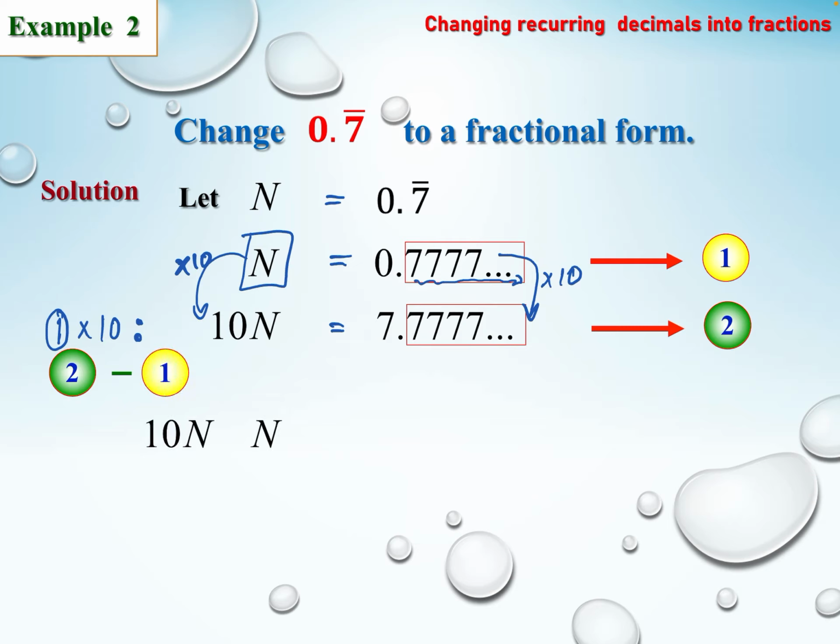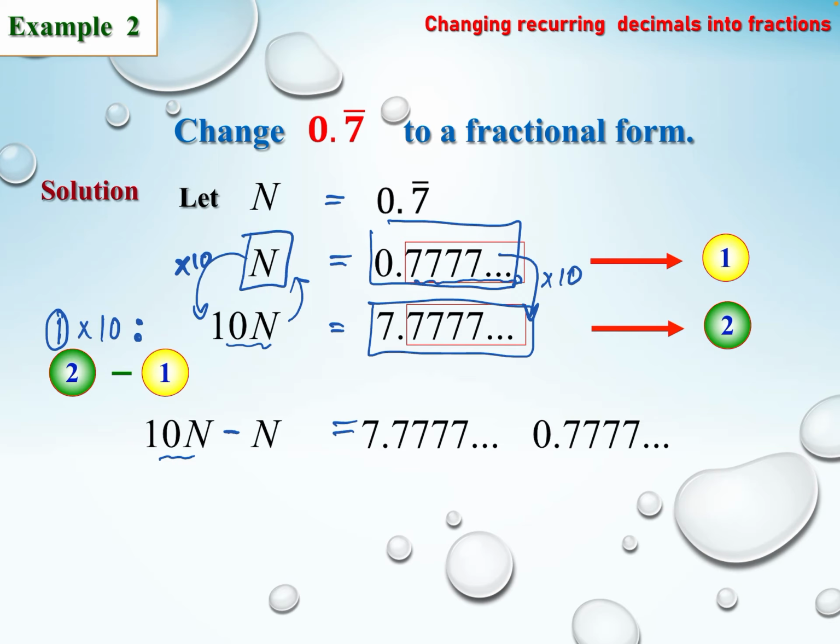In the left hand side, we will get 10n minus n, always equal to, when you do anything with the left hand side, you have to do the same thing with the right hand side, right? So you take the whole part of this minus this one. What will we get? 7.777 minus 0.777.